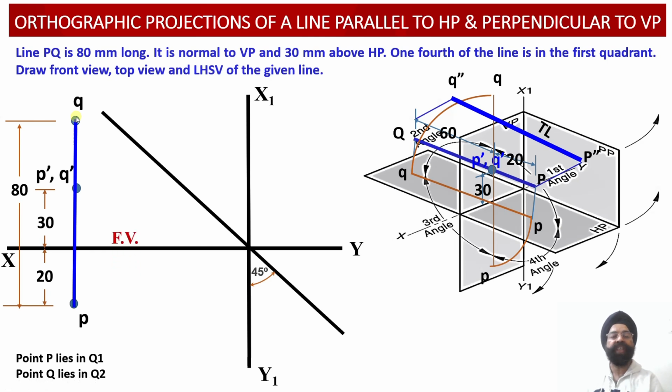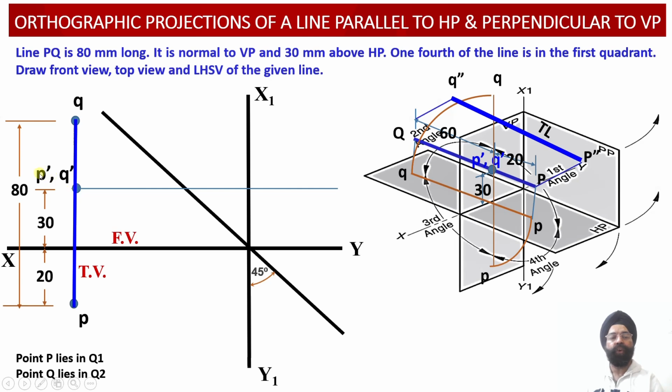Now let us proceed with the projection of the side view, that is the left hand side view. So we know that whatever is the height corresponding to the point P or Q, the side view points P double dash and Q double dash will also be available with us at the same height.